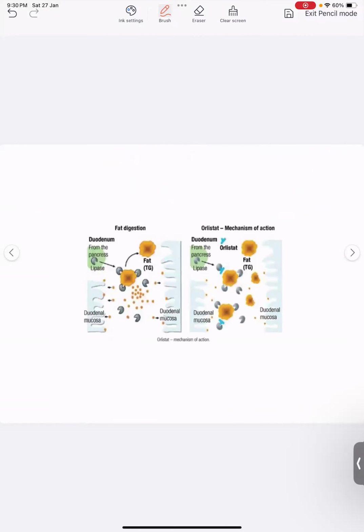Let us see the fat digestion and the mechanism of action. I have eaten this fat, which is present in the small intestine. Whenever there is fat, your pancreas releases lipase.